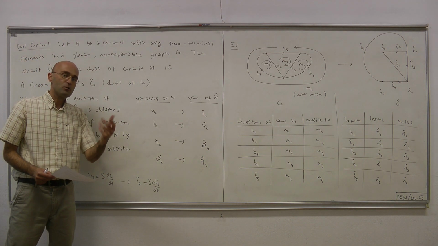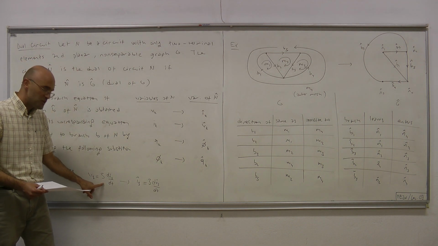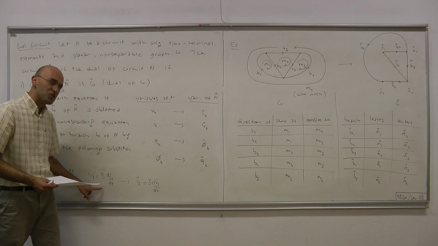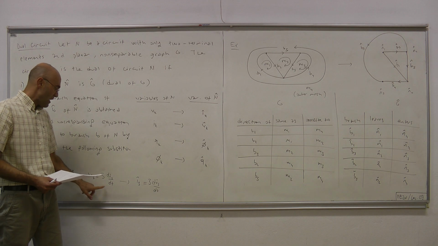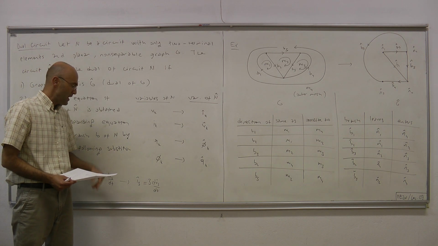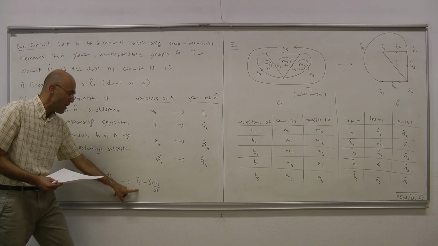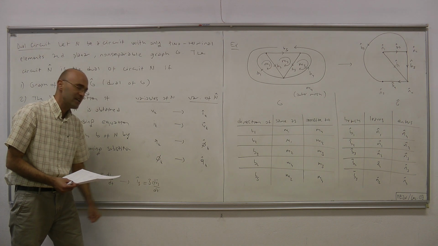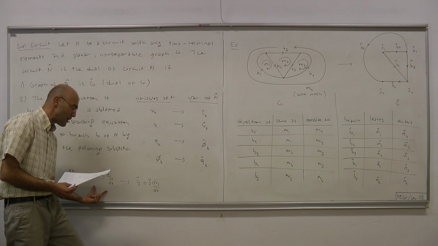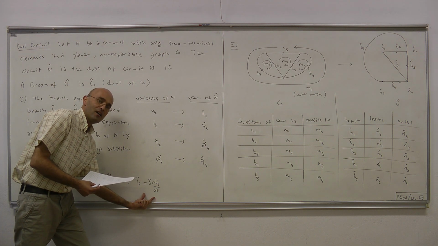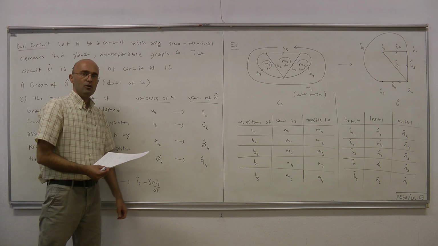From the physical point of view, this is the equation describing an LTI inductor, V equals L di dt. And now in the dual circuit, we have I equals something dV dt, that is, this LTI inductor in the original circuit becomes an LTI capacitor in the dual circuit.